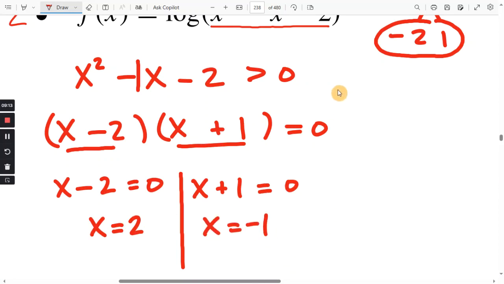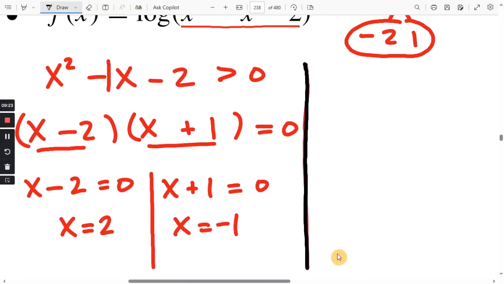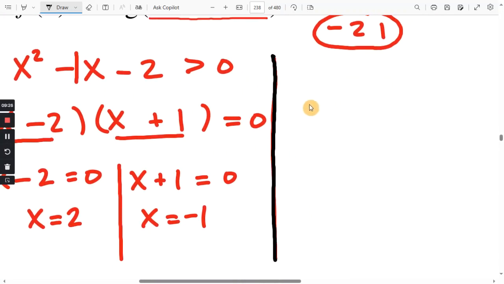So now we need to use a number line. I'll do it in a different color here. On the number line, we have a 2 and a negative 1. So this is 2, and this is negative 1.